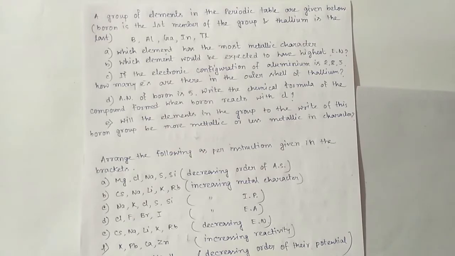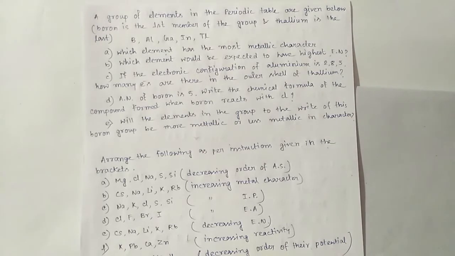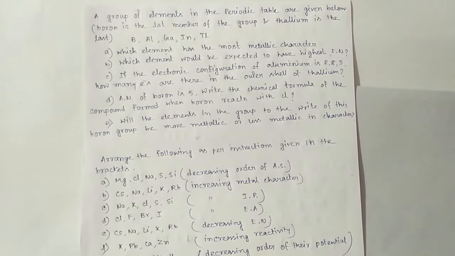Okay, remember I have told you that as we go down the group, as the atomic size of the elements is increasing, definitely the effective nuclear charge of the nucleus on the outermost shell electrons will decrease.